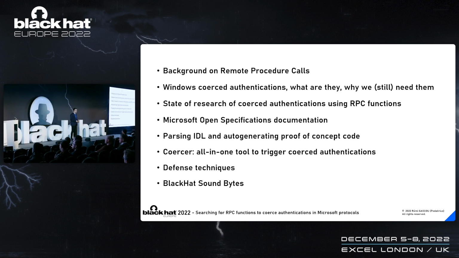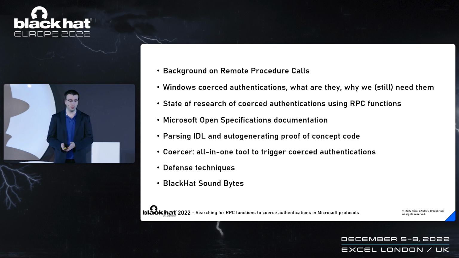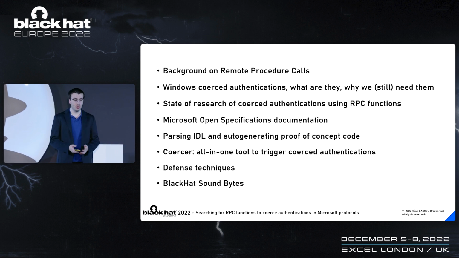What is the state of research up to this point to coerced authentications that are using RPC functions, and we'll see how we can parse the Microsoft Open Specification documentation to extract and create new functions to parse the IDL and auto-generate proof of concept code that we'll use to find new coerced authentications. After that, I'll present Coercer, which is an all-in-one tool to coerce authentications for your pen tests. And finally, I'll leave you with defense techniques and 3 takeaways from this talk.